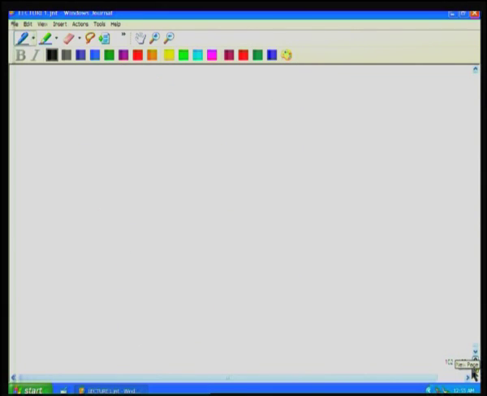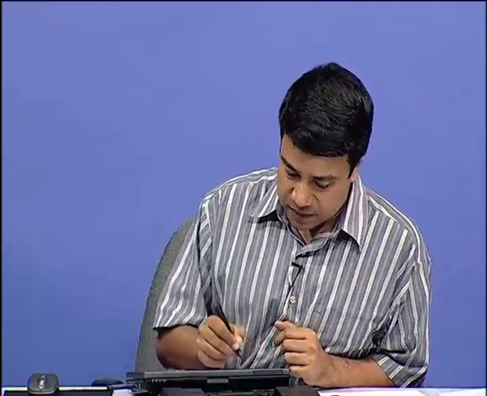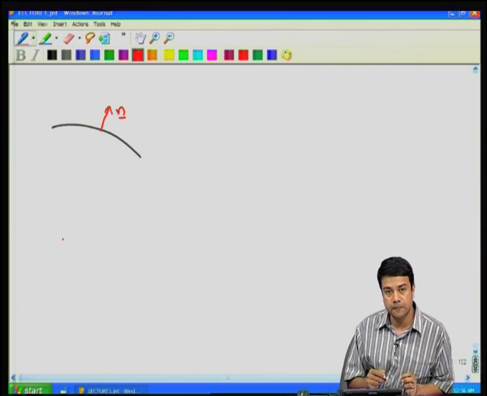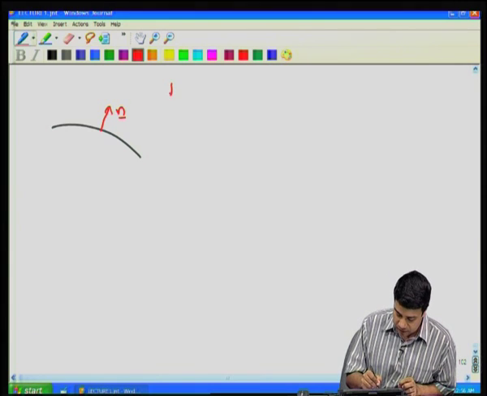Let us make this a little bit more definite. I have the surface and I have the unit normal here. The force acting in the i direction at the surface, force per unit area in the i direction, is equal to Tij times Nj.